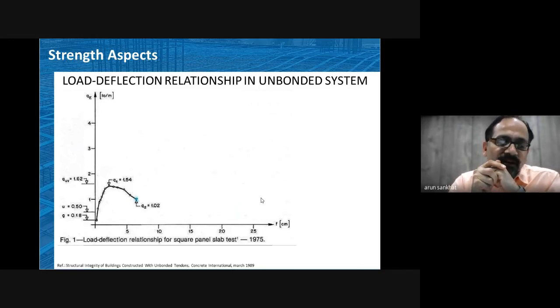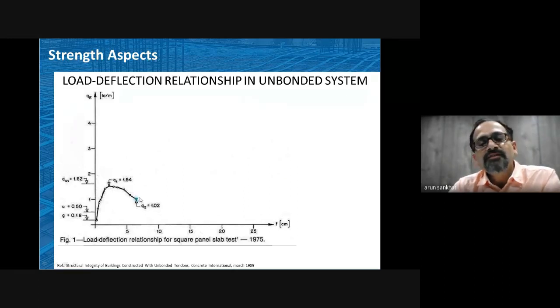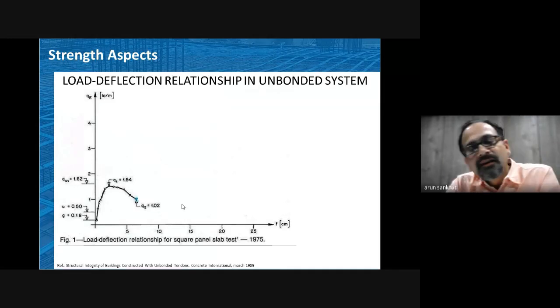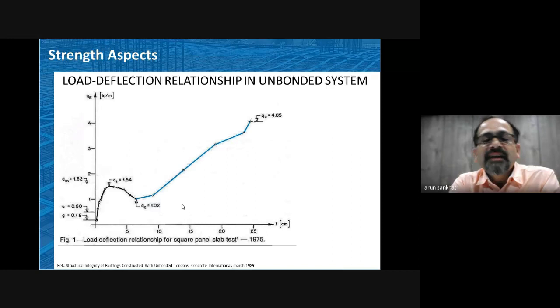So here the same graph is there. You can see, it starts with that, it reaches the ultimate point, and then it starts yielding and then failing. So here, this is not a failure point in case of an unbonded PT system, but an intermediate point from where a peculiar dramatic situation arises, and it starts gaining load carrying capacity again.